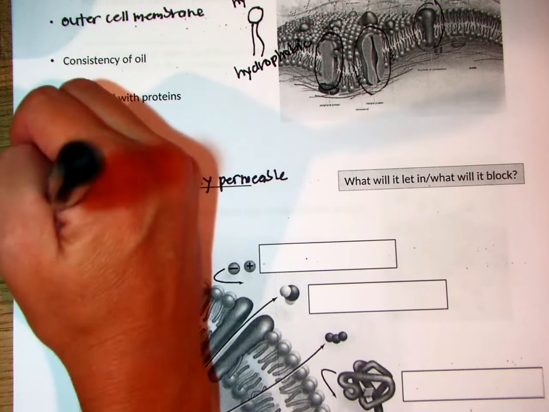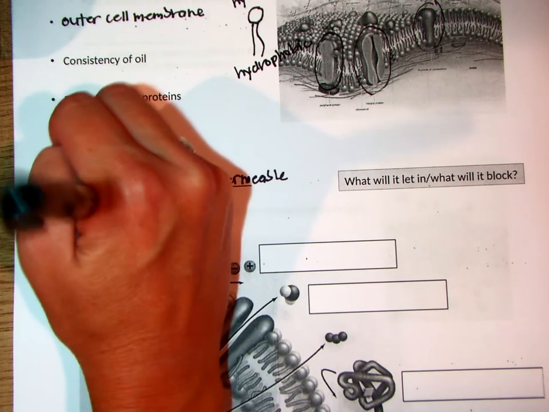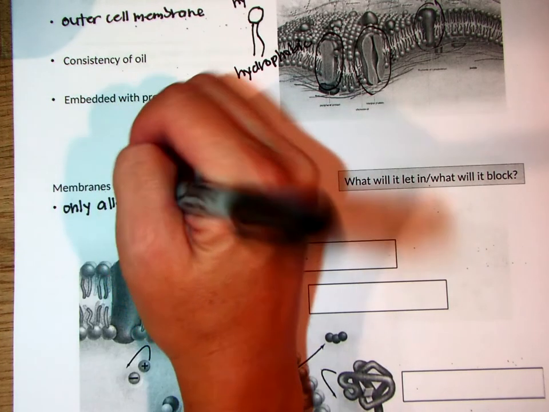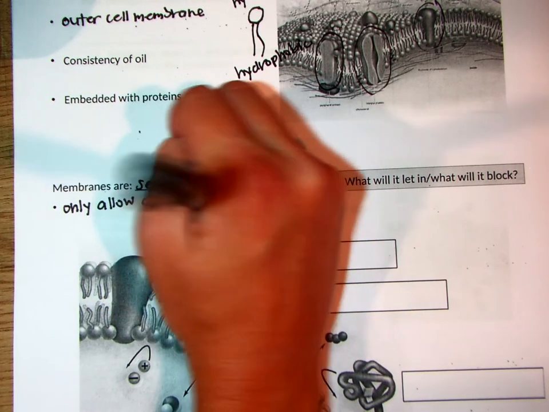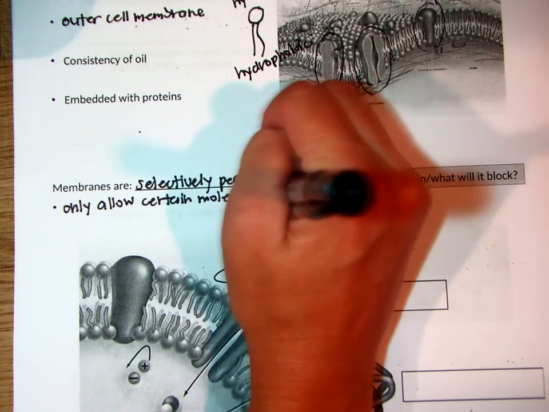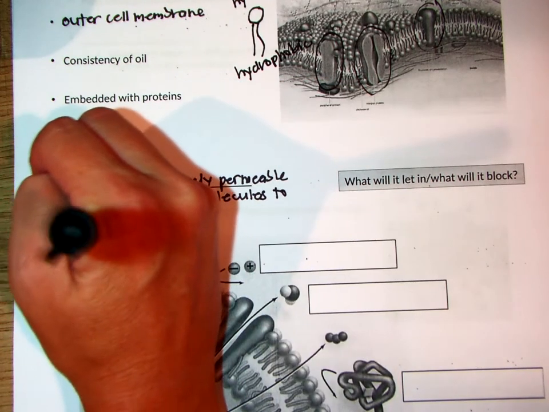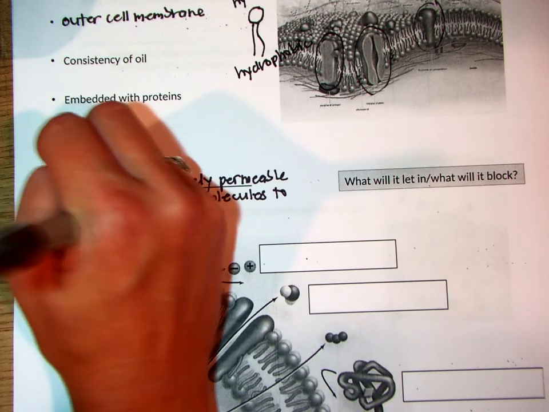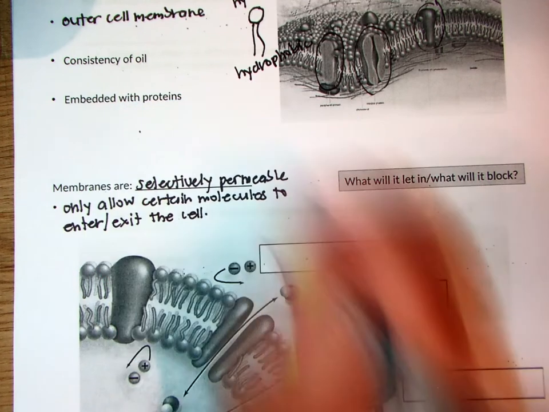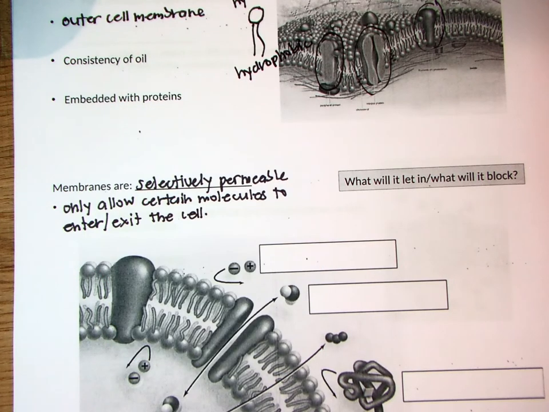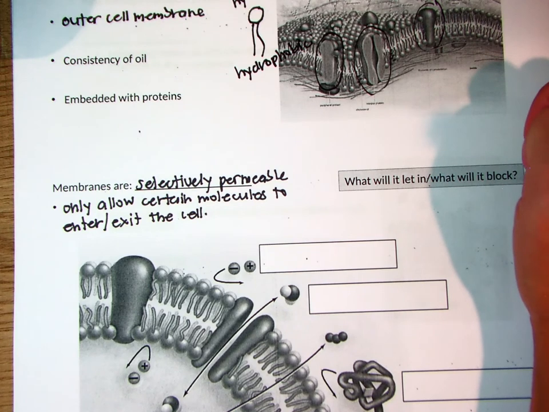Which means they only allow certain molecules to enter and exit the cell. So the question is, what is it going to let in and what is it going to not let in and out?